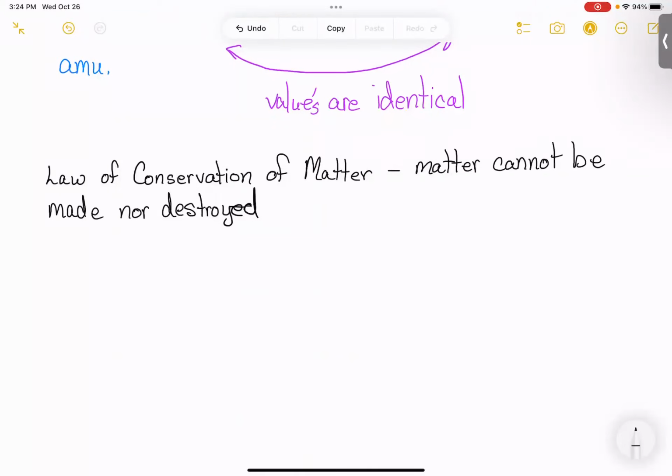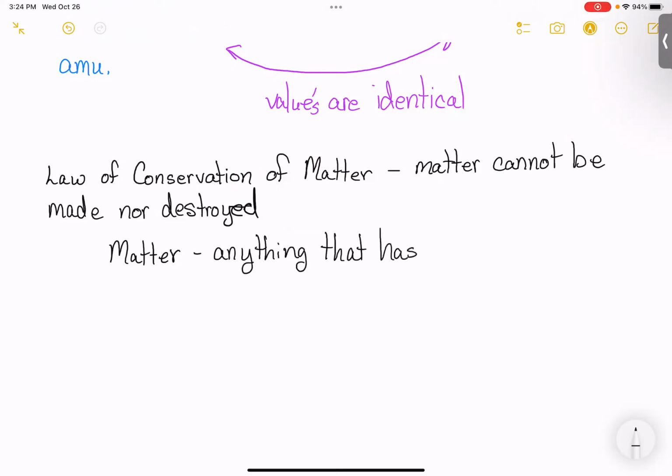Cannot be created, nor can it be destroyed. Now, matter, which I believe was early. Matter is anything that has mass and takes up space.